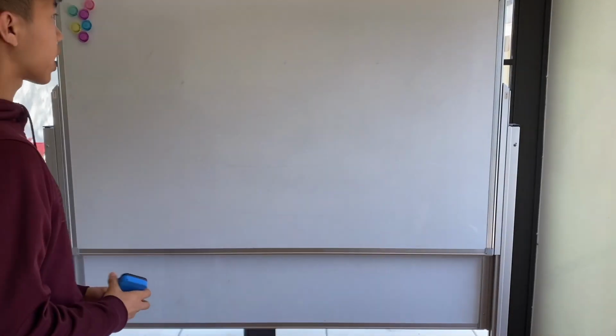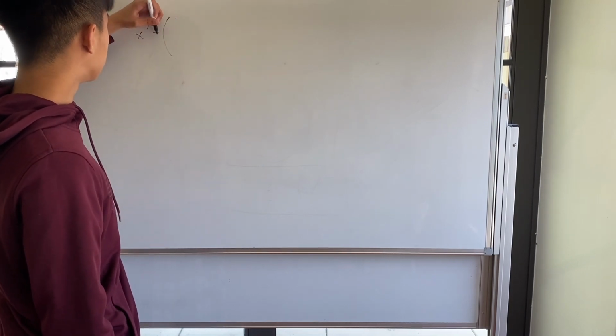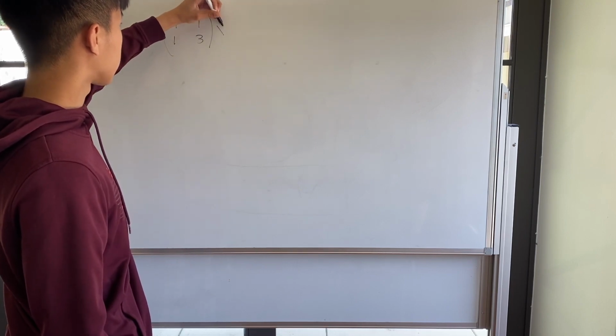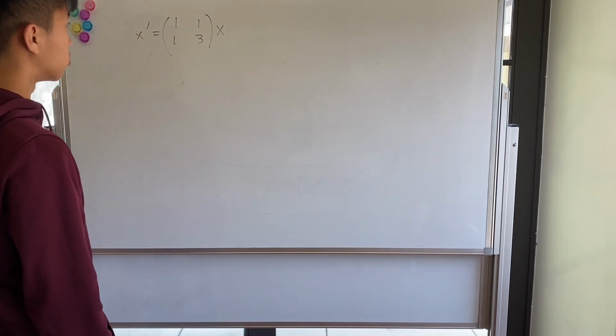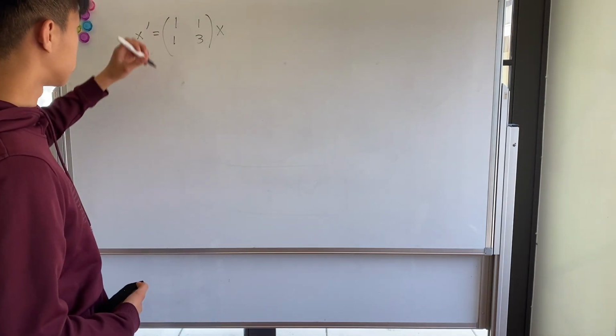Let's try a practice problem. Let's say we have x prime equals 1, 1, 1, 3 times x. We can try to find its eigenvalues and eigenvectors.